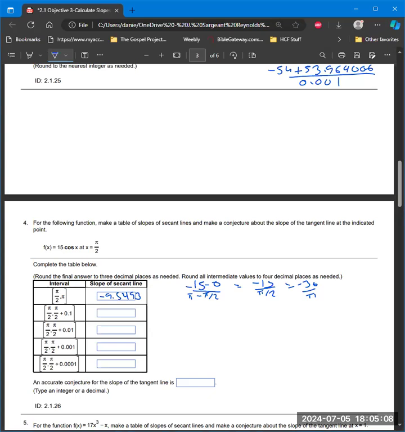Okay. Then we have pi over 2, which we know is going to give me 0 all the way down here. So that's nice, but we need pi over 2 plus 0.1.